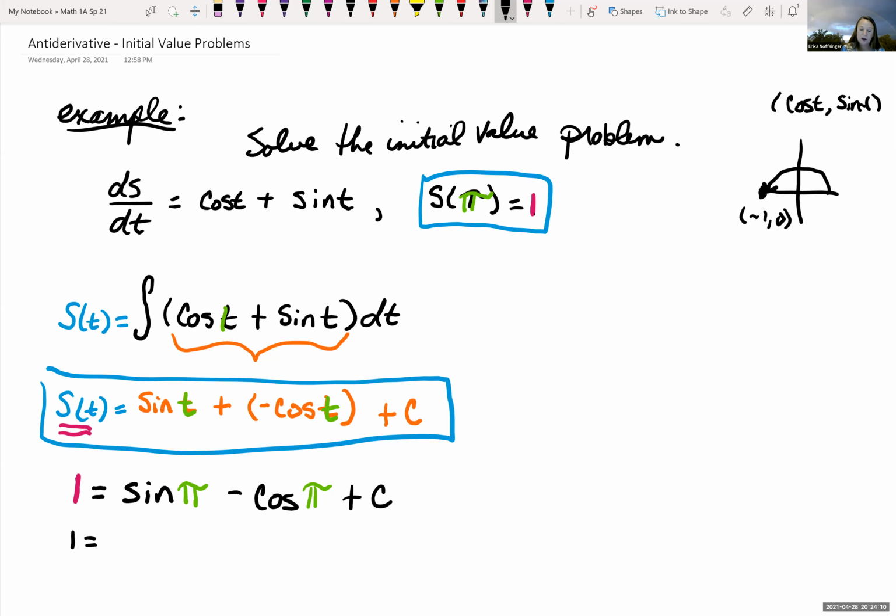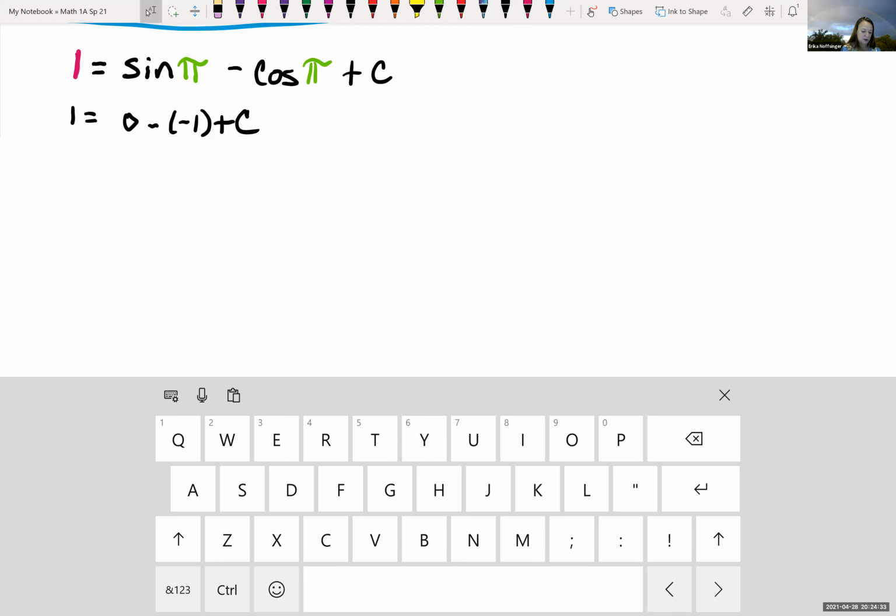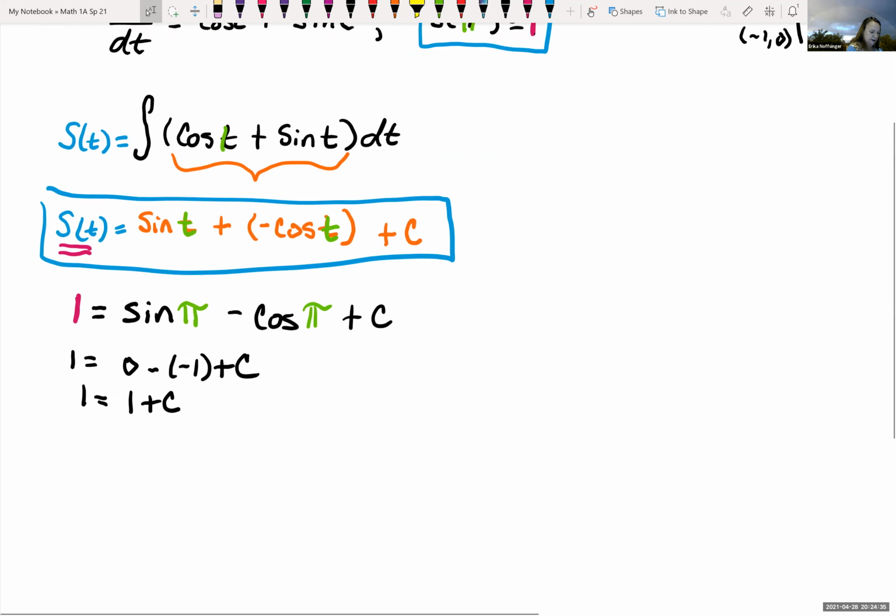And so cosine of pi, your x value is negative 1, and sine of pi is 0. So sine of pi is 0 minus cosine of pi, which is negative 1, plus c. So we have 1 is equal to 1 plus c. If we subtract 1, we get c is equal to 0.